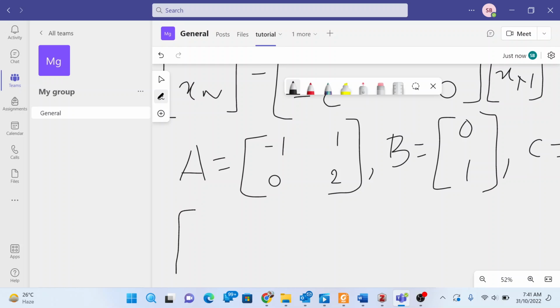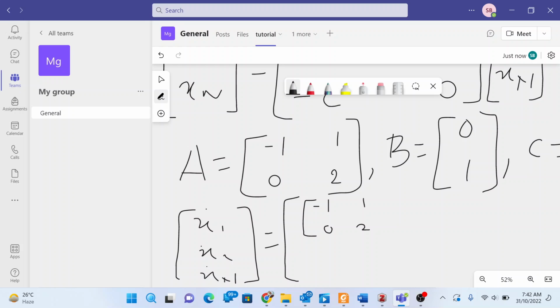The equation is going to look like this: x1 dot, x2 dot and xn dot, and that's going to be, we put A inside the matrix, minus BK, and our B is 0 1, where our K is K1 and K2. They will be in a row matrix.